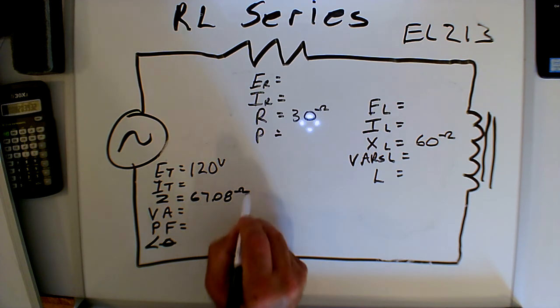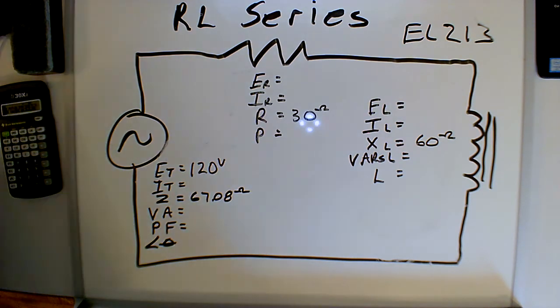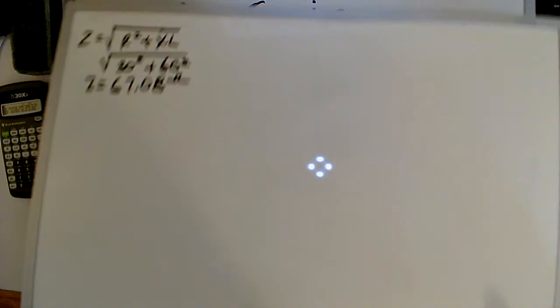So then I would write that in here, 67.08 ohms. Now that I know what the Z is, I can use Z and E and figure out what the current is. What's the amperage in this circuit?